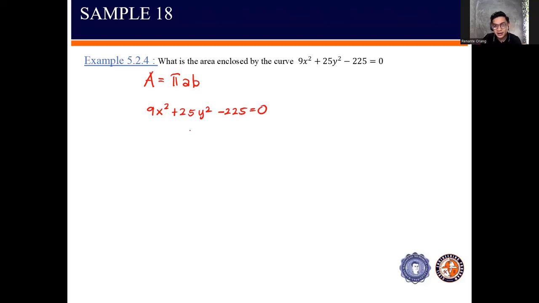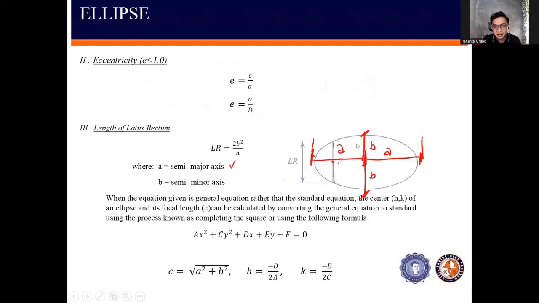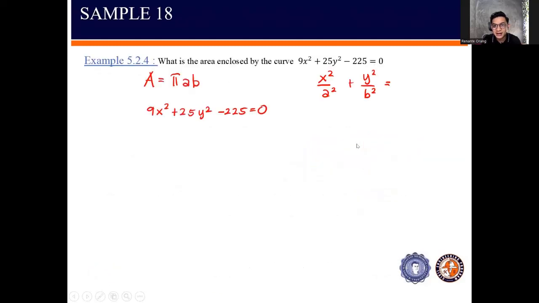Therefore, our standard equation is x squared over a squared, or it could be b squared, depending, plus y squared divided by b squared, equivalent to 1. They can swap, depending on which is bigger.